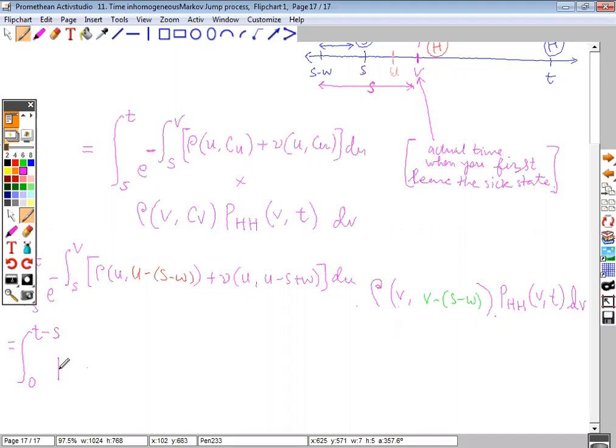What I'm just going to write is P of S W S bar, and instead of V, I'm going to write S plus V. So S and S plus V.